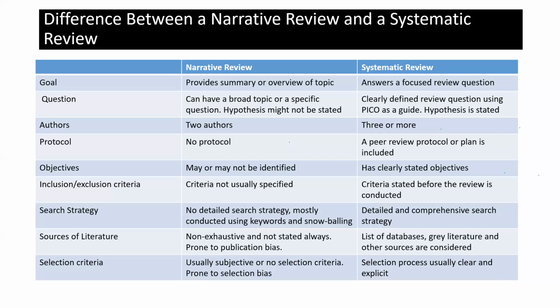And then for a narrative review, you don't have a search strategy. They just do it by keywords or snowballing, something like this. They just find one article and then look at the references and go to those articles and retrieve those ones. But in a systematic review, you have a pre-written, detailed and comprehensive search strategy, and we will look at how to do that. You have to write that search strategy.